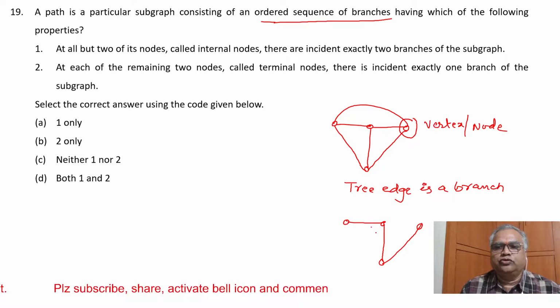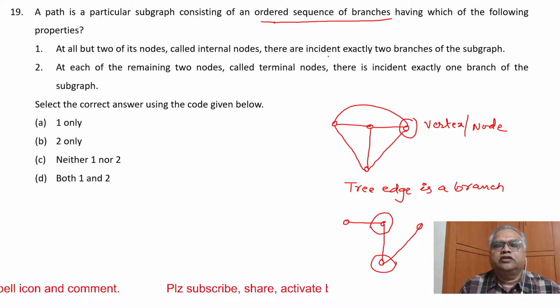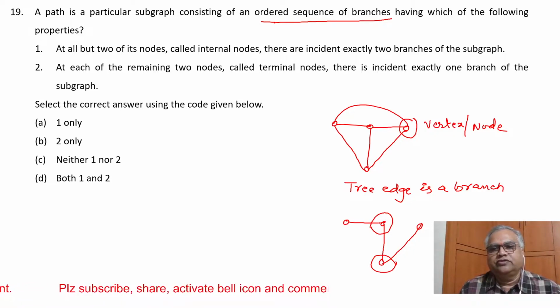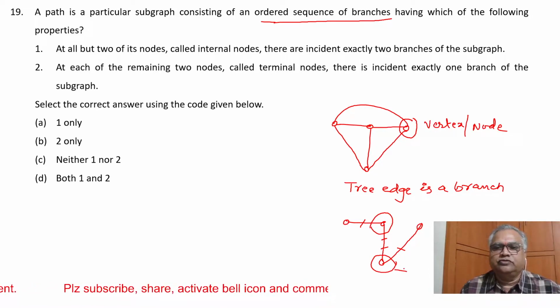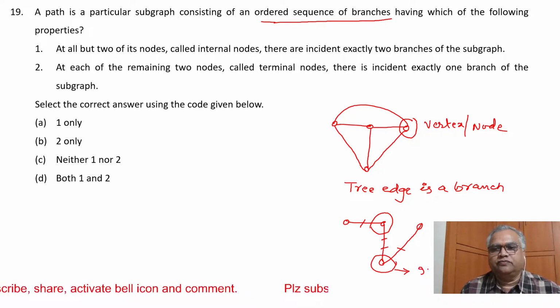And these nodes are the internal nodes, which have incident exactly two branches of the subgraph. This node contains this branch and this branch. This is also having this branch and this branch. So this is having two, this is having two. So this is called an internal node.